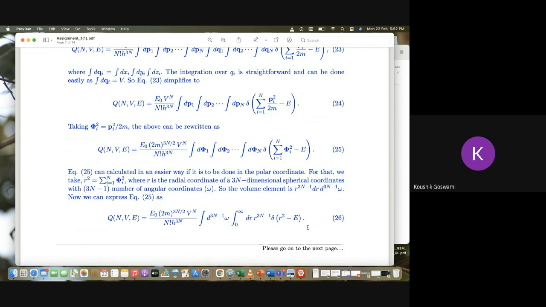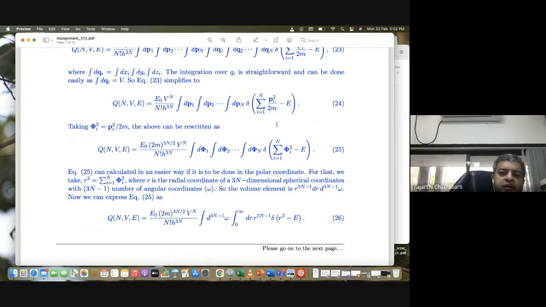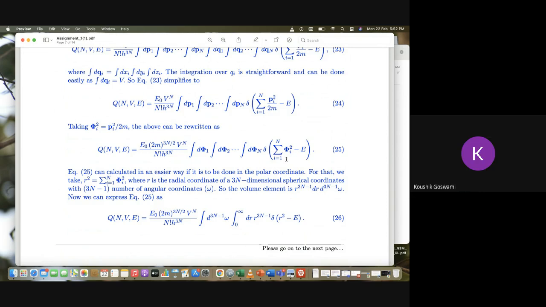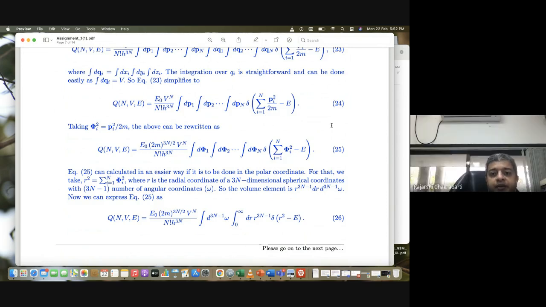Here we have considered r square. So his point is it has the same structure. Anish and Kailash and others, you can see the same structure. Only you have p square by twice m converted into some function, phi_i square. But here you have a sum over i. You understand what I'm saying?